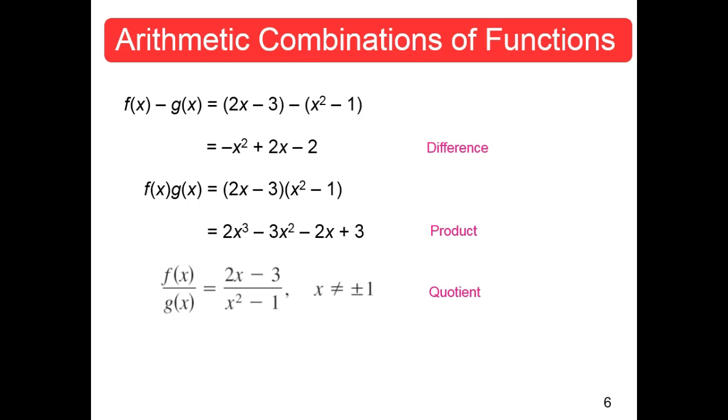Well, what would make x squared minus 1 equal 0? x either plus 1 or negative 1. So now you have to exclude some values from the domain that were there before. There was no problem here on the previous page. There is a problem now because you put it in the denominator. So that's the only thing you have to remember about dividing functions.